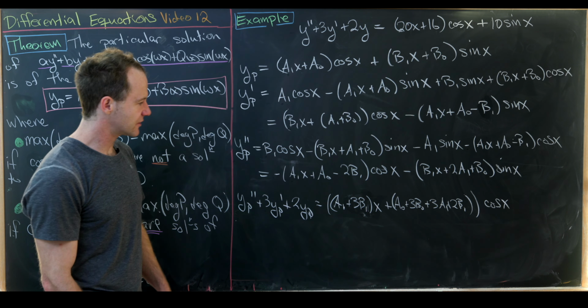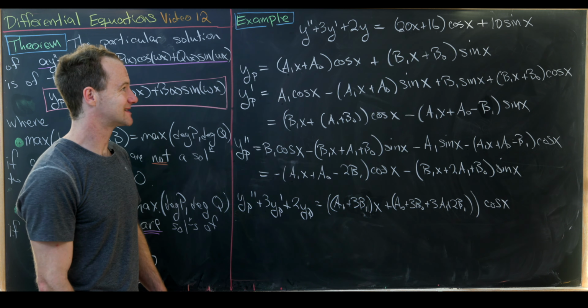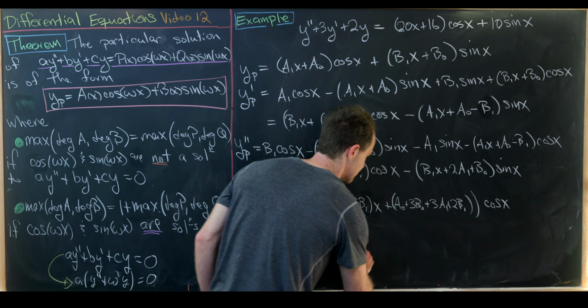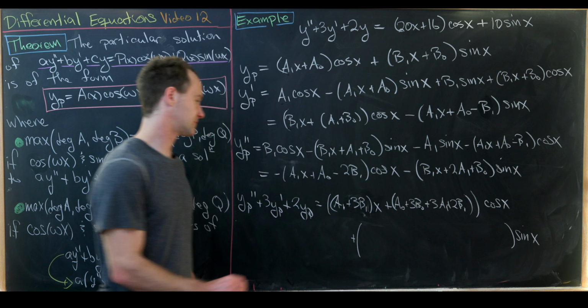Okay, so now let's calculate the coefficients for sine, starting with the coefficient for x times sine of x. So let's maybe put plus here, let's put big parentheses, and then we'll have a sine of x over here.